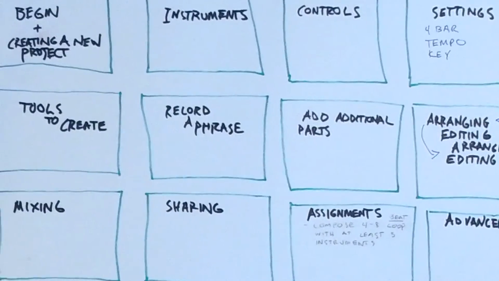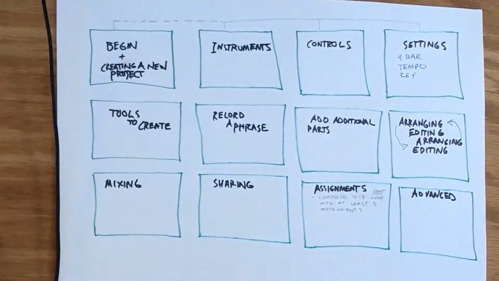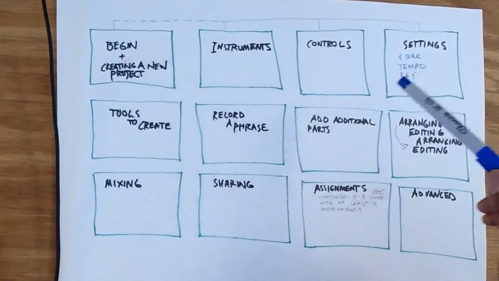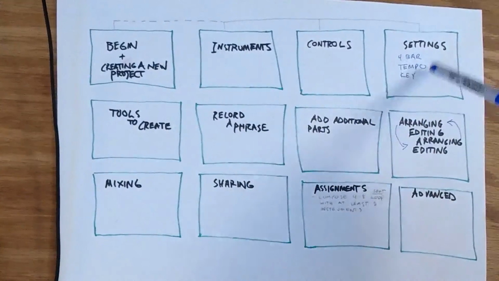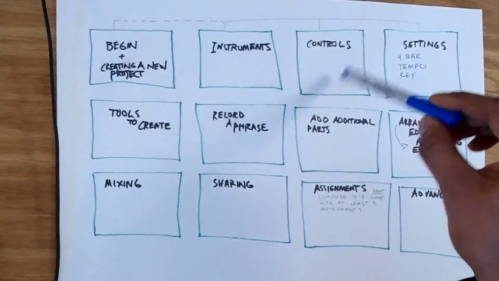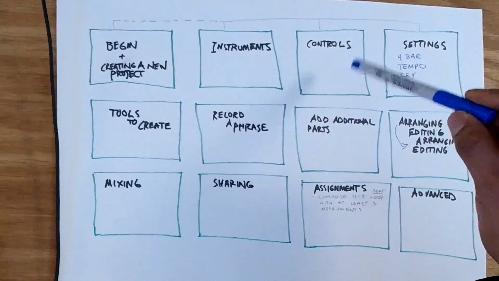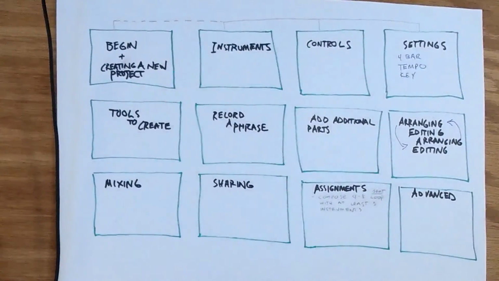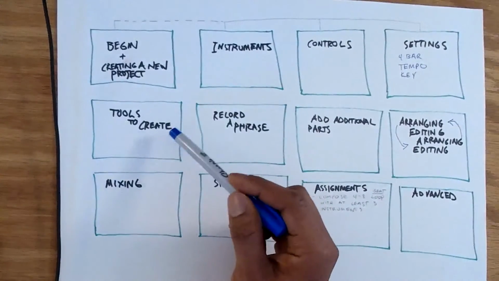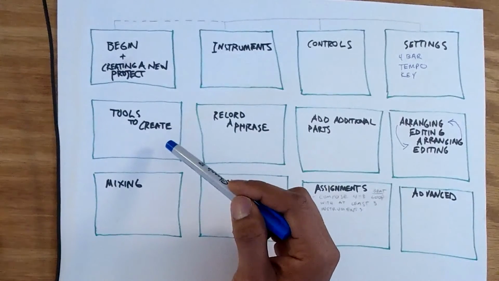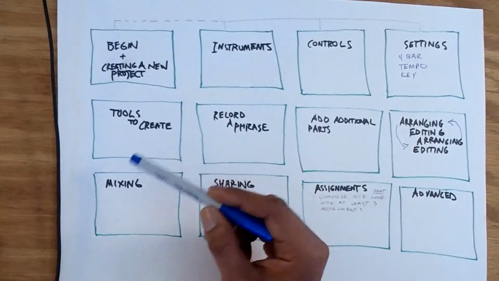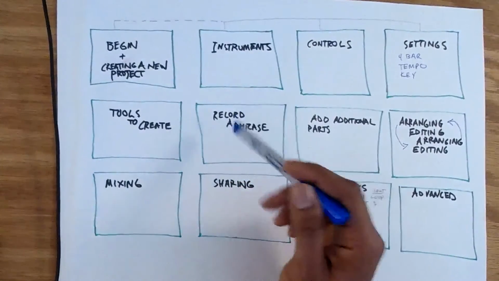So what's been going on here is that, like I said, we started a track, added some instruments, changed controls and the settings. The control of the instrument controls a lot of different things. It controls the sound, the tonality, lots of different things. These are all tools in your toolbox, so to speak, that you can use to create things. Recording phrases is easy.